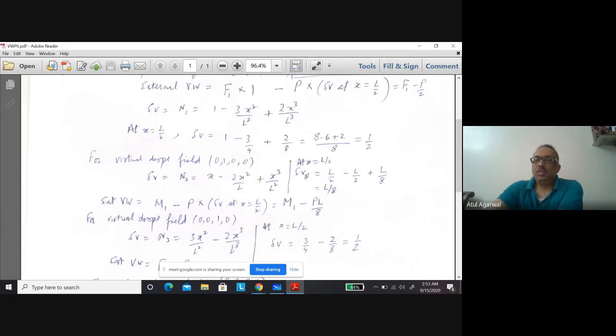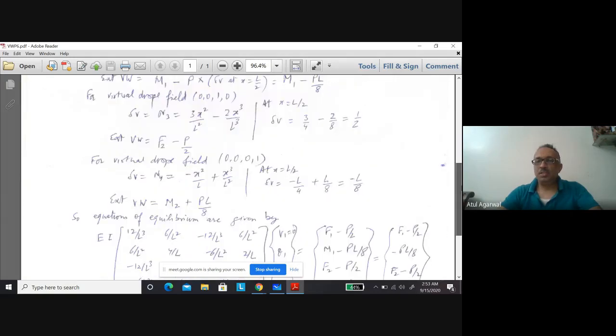You see, P into delta V at x equal to L by 2, which is L by 8. For the virtual displacement field 0010, the virtual displacement at x equal to L by 2 will be this half. Similarly for this case, at x equal to L by 2, the virtual displacement is minus L by 8, so the external virtual work is this.